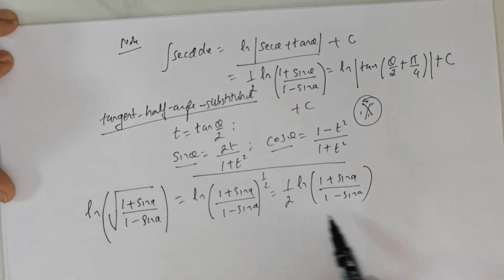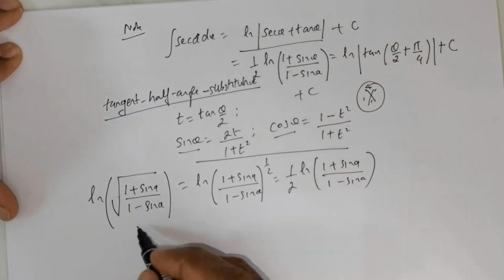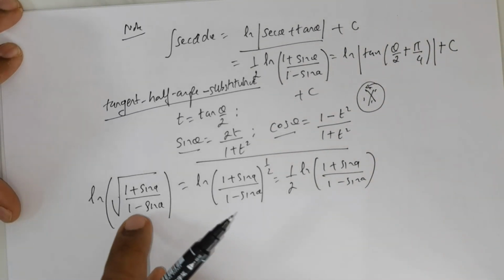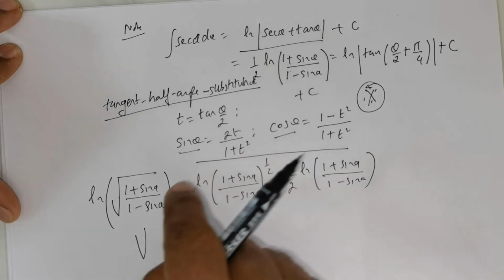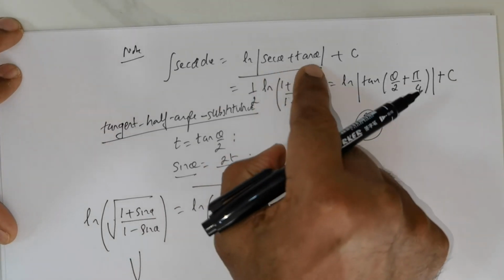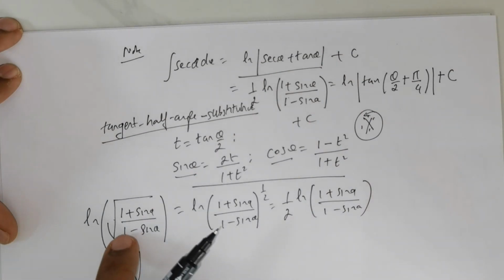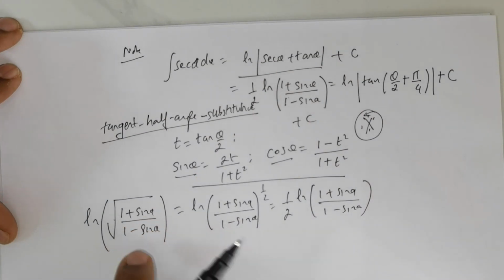So what I'm going to show you is that the square root is the quantity that is actually varying. In place of secant theta plus tan theta, I have the square root of (1 plus sine theta) divided by (1 minus sine theta).